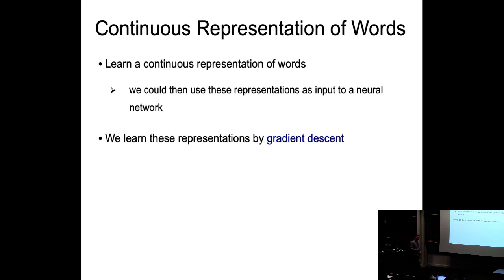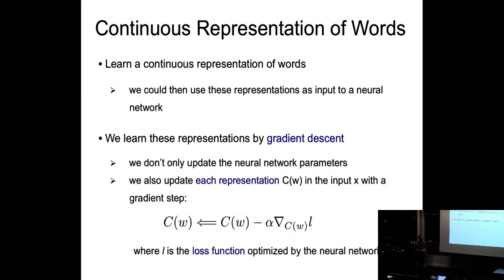We're constructing a third homework right now where you will do it yourself. It's interesting because you are effectively trying to learn what these representations should be. We don't only update the parameters of the neural network, but we also update the representations of the input with a gradient descent step.